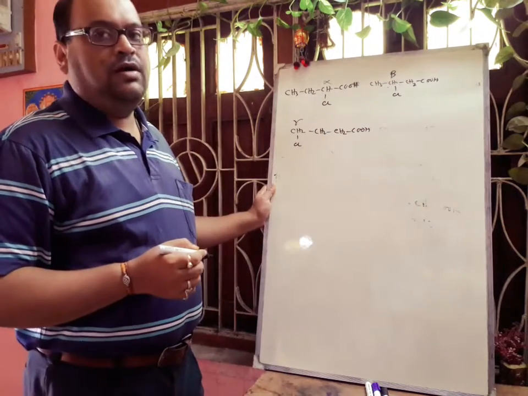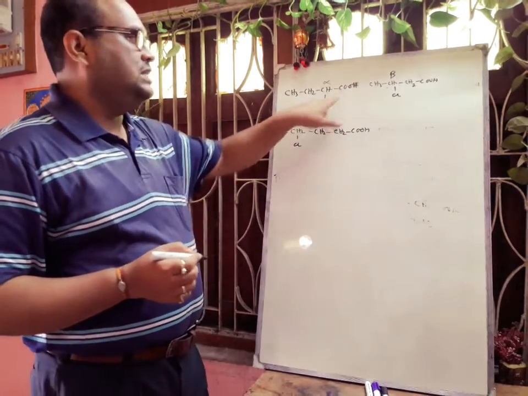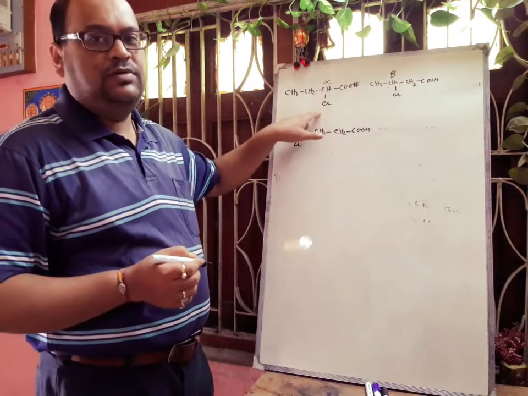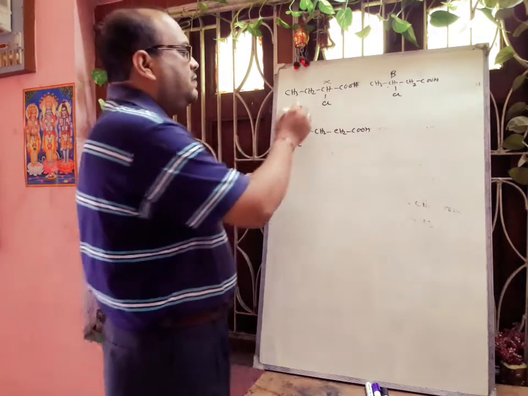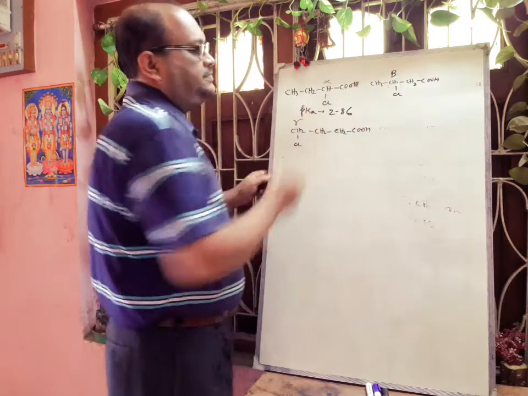Okay. Now, as here chlorine is attached very close to the COOH group, because of its inductive effect, the pKa value will be lowest. So here the pKa value will be around 2.86.